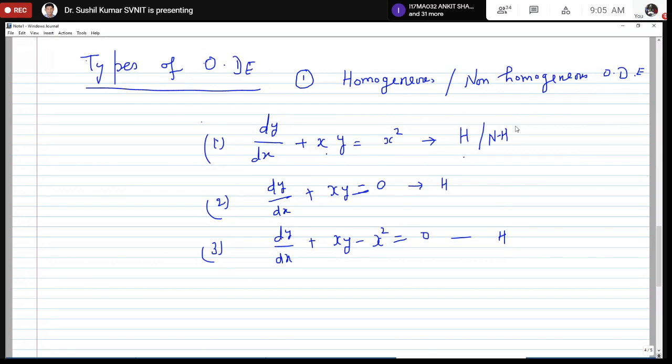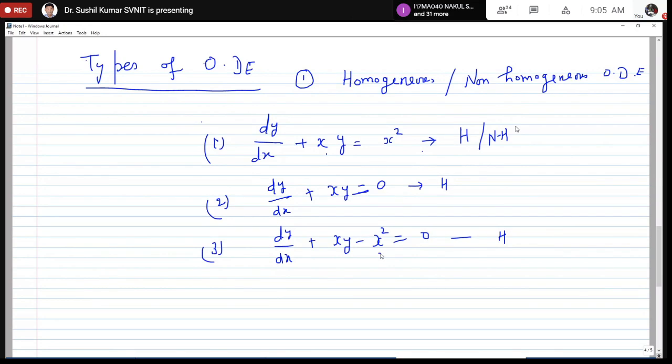Okay, the first is non-homogeneous. Why? Sir, if we write the equation as dy by dx is equal to f of y by x, then it is not matching the format. For homogeneous, that is the form.